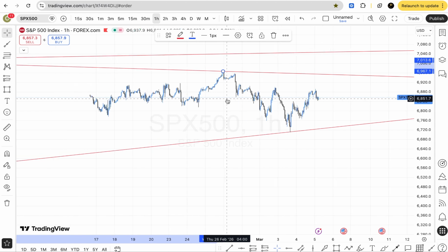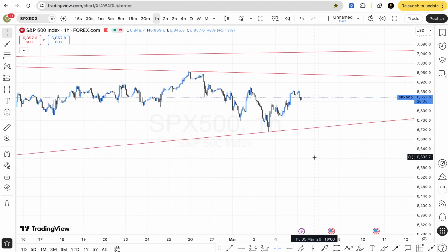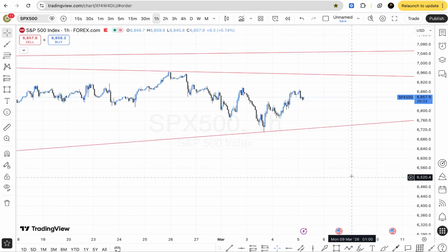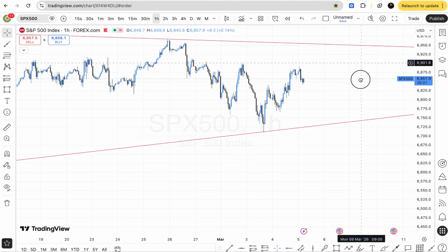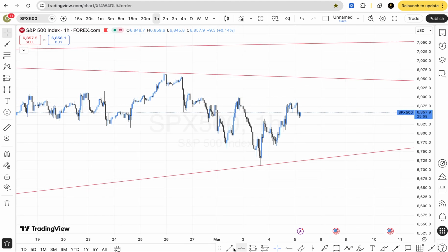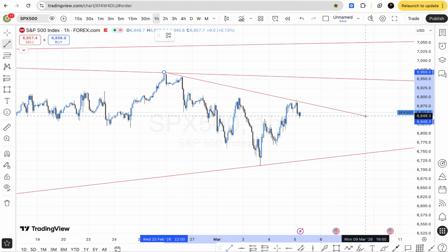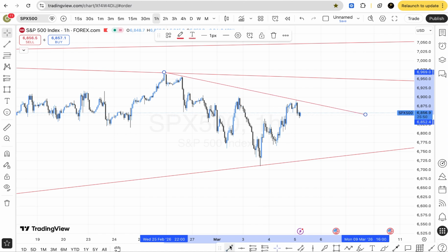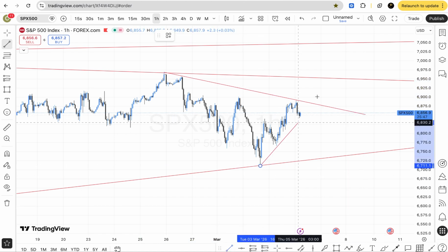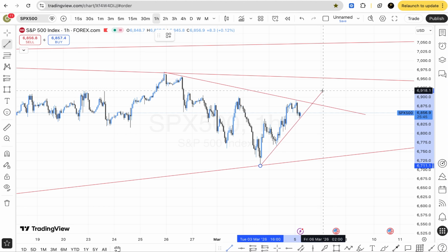Let's go down to the 1 hour time frame. So on the 1 hour time frame, we can draw a couple of trend lines still. So I'll use this trend line tool right now. We have this line here and then we have this other line here. Beautiful.